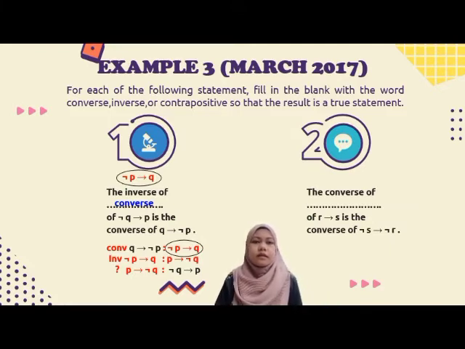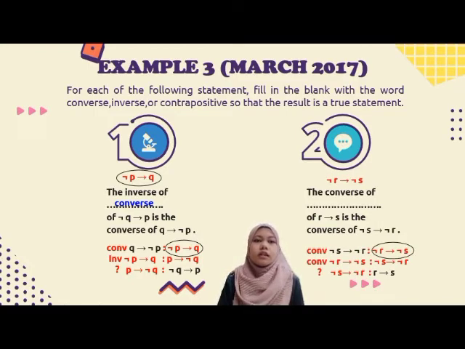Okay, next, for question 2, the inverse of what of r implies s is the converse of not s implies not r. We need to solve the statement at the back, which is the converse of not s implies not r, and we will get not r implies not s. Like I said before, the statement at the back must be the same as the statement in front.